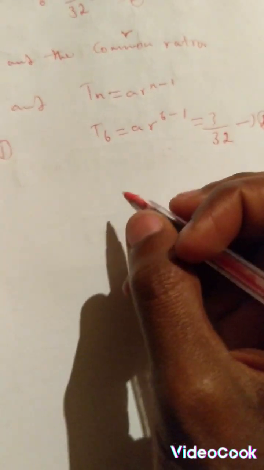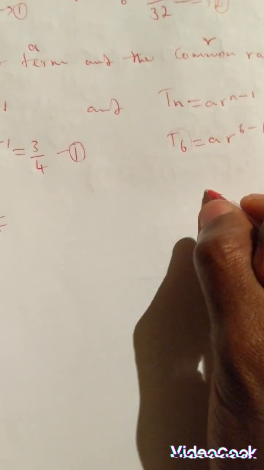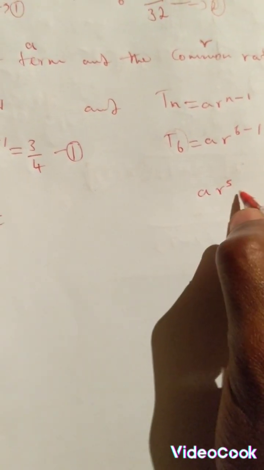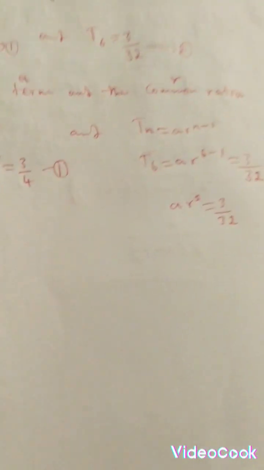Even this side you do the same: 6 minus 1 gives us a r to the power 5 is equal to 3 over 32.